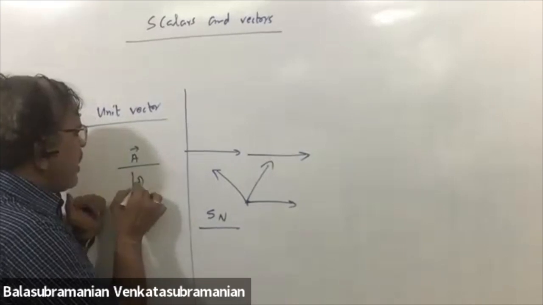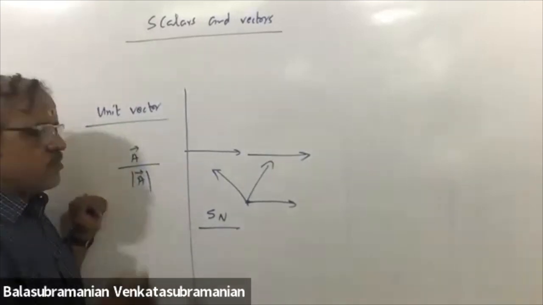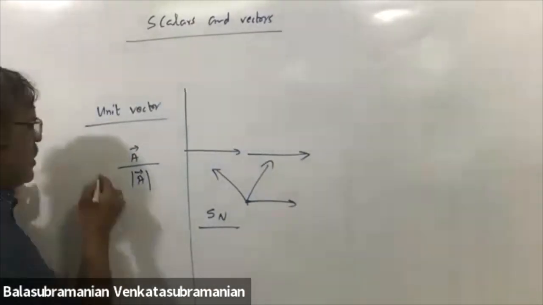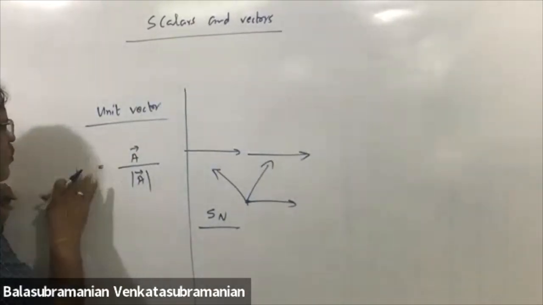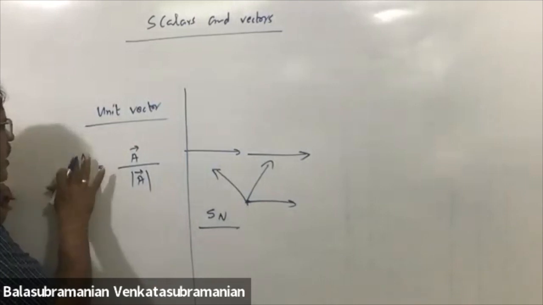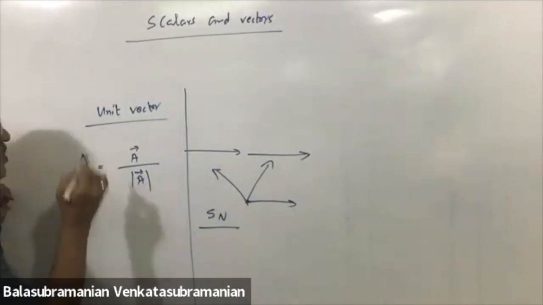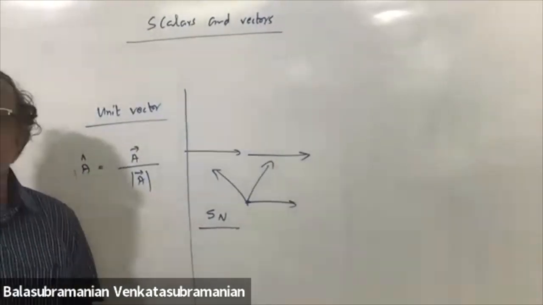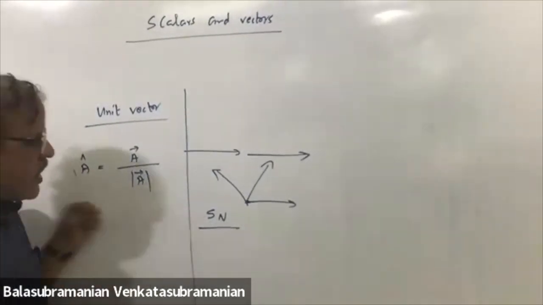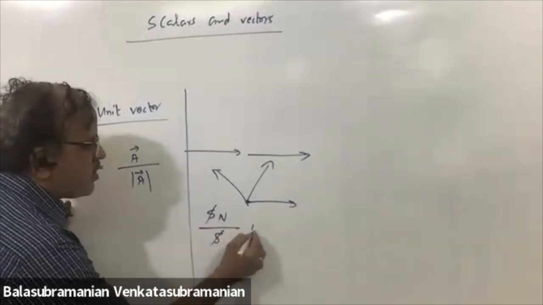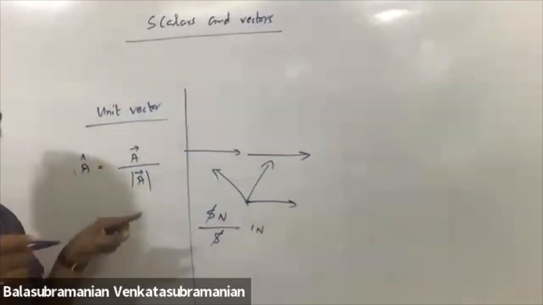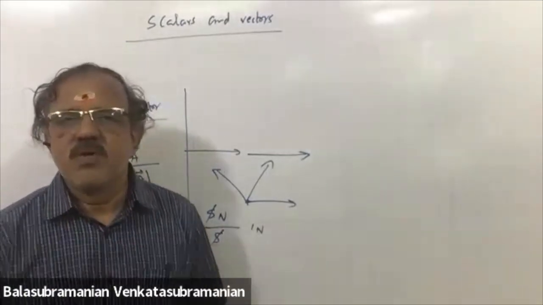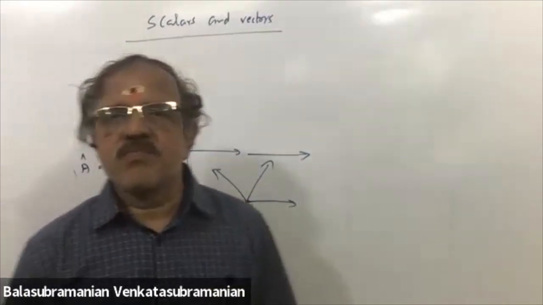Divided by its magnitude. The magnitude of that particular vector you divide. Then that is called a unit vector. You can represent this as A cap. This cap represents a unit vector. So 5 Newton divided by 5 Newton gives 1. The magnitude is unity, but it has some direction. That is called a unit vector.